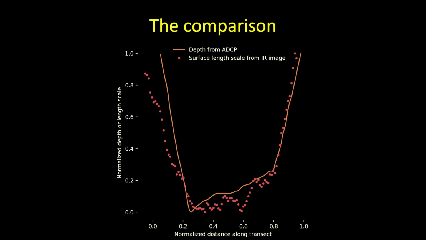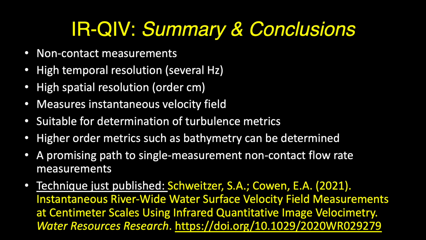So this is a powerful potential technique for measuring bathymetry and ultimately flow rate from remote sensing techniques. Today I've presented an infrared-based non-contact measurement technique suitable for environmental surface water flows. It allows high temporal resolution, high spatial resolution, and the measurement of the instantaneous velocity field everywhere in the field of view.